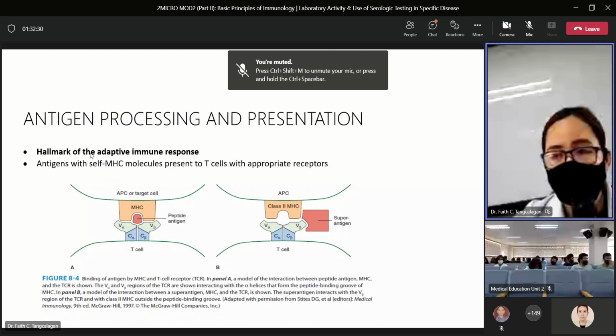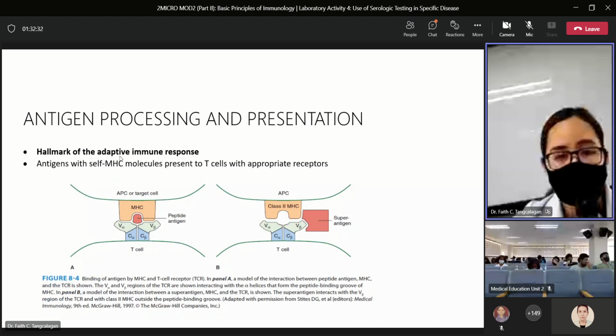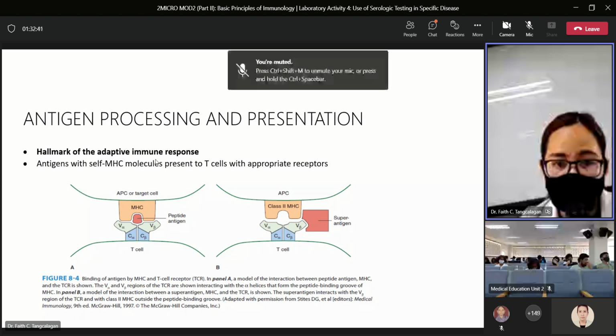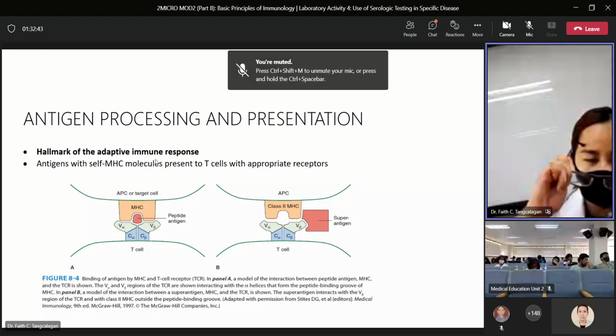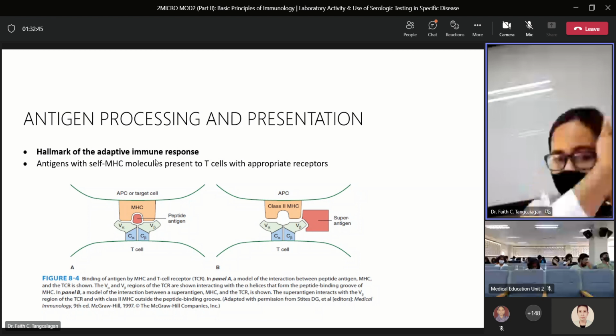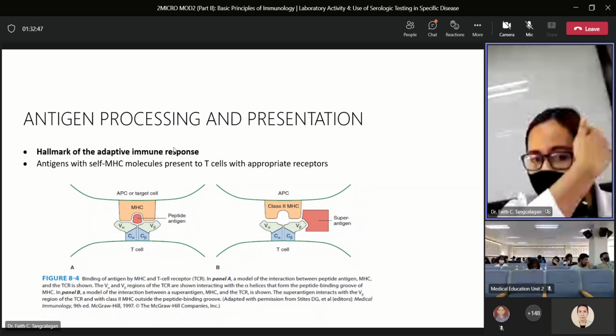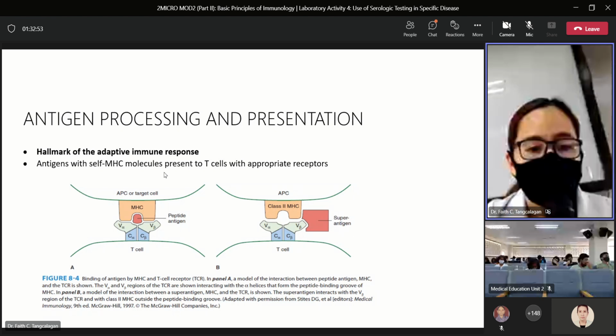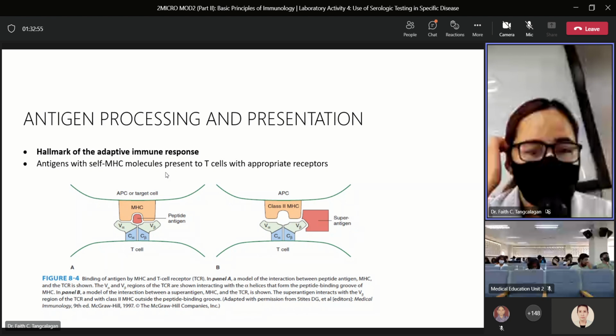Another concept to discuss is antigen processing and presentation. Antigen processing and presentation is the hallmark of the adaptive immune response. Antigens with self-MHC molecules are presented to the T cells with appropriate receptors.